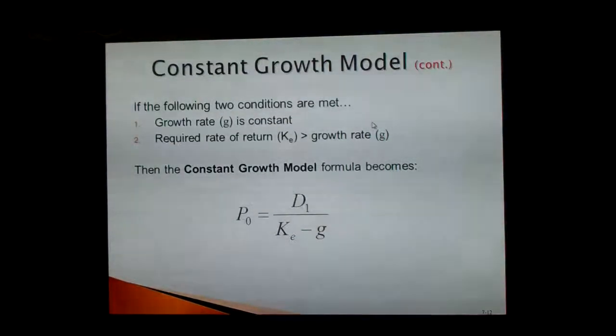Okay. Constant growth model is actually really easy in terms of a setup. Okay? It is the dividend, right? If the dividend is going to remain the same, constant, right? It's not going to change. Over the required rate of return minus G, which is the growth, right?